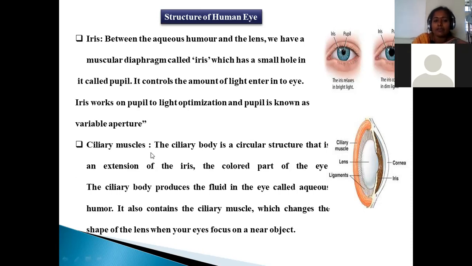And next is about the ciliary muscles. The ciliary muscles are present like a circle covering the entire eye.